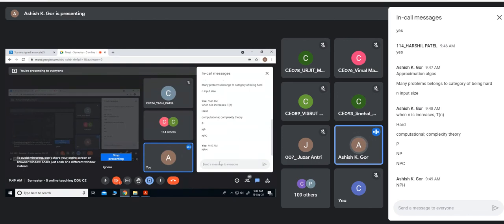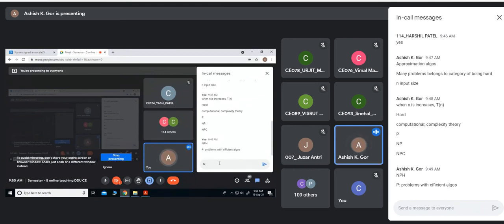So for us, P means efficient. P means those problems which have efficient algorithms. We know this. And NP means you can efficiently verify those problems.